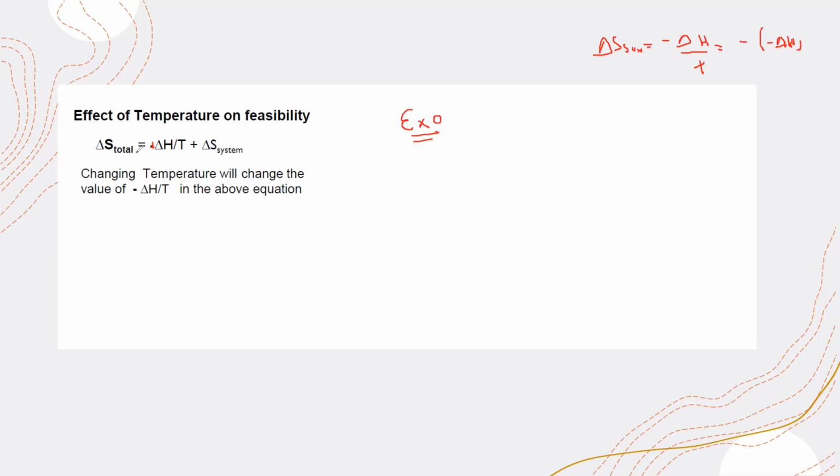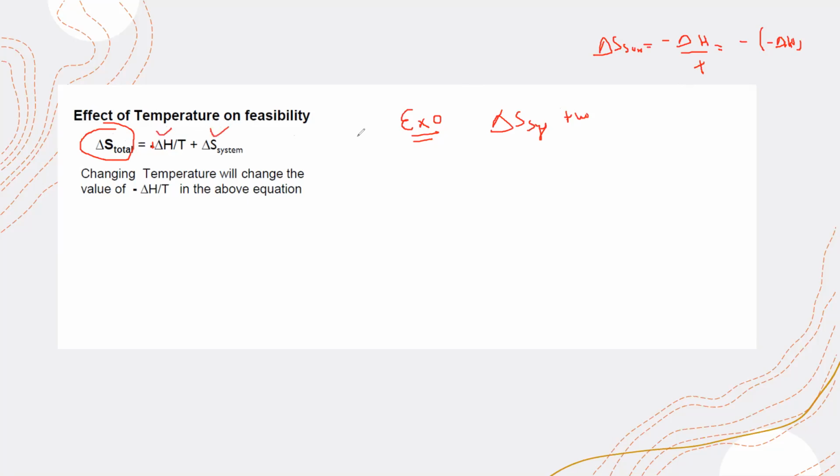Now you can see this reaction. If a reaction is exothermic, the total entropy will be the entropy of the system plus the surroundings. Entropy of a system can be positive, it can be negative. So if the reaction is exothermic and entropy of the system, for example, is positive, this is always positive.